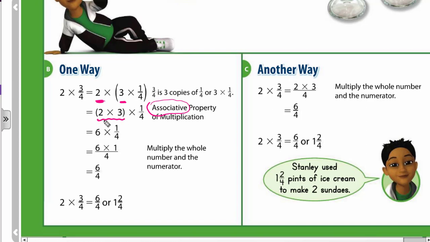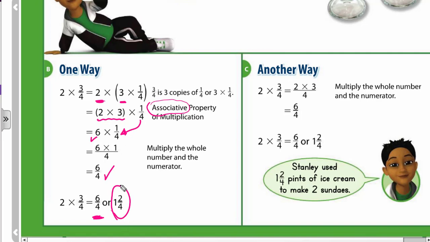So we need to multiply 2 by 3 first, it's 6, and the 1/4 as it is. Then when we multiply 6 by 1/4, we know that it is 6/4. And the answer 6/4, we can write it as a mixed number.